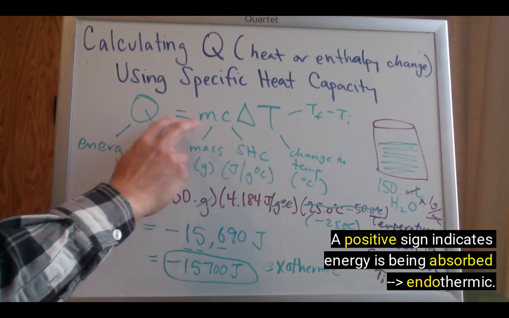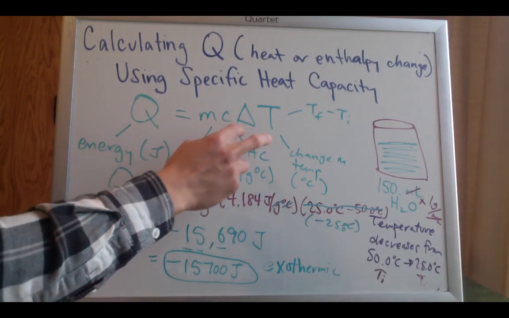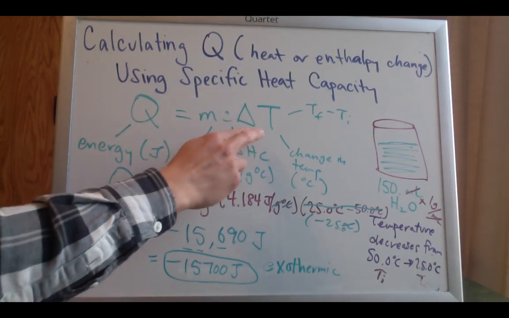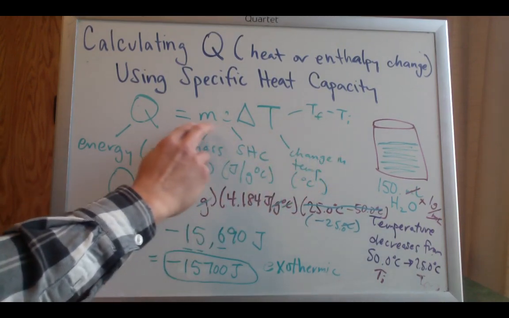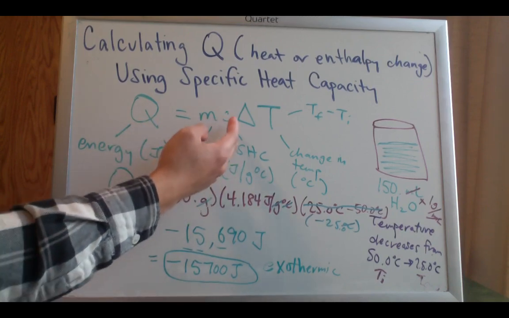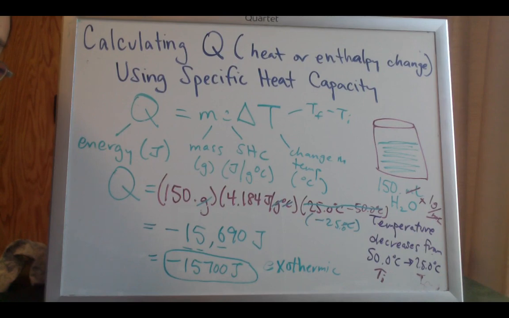Now, we can also do the opposite, where if I gave you the energy and the temperatures, you could solve for the third variable, the mass, or vice versa. If I gave you the final temperature, but not the initial temperature, but I gave you the mass and the energy and you knew the substance, you could solve for the unknown variable. So this is what we do with specific heat capacity and the calculations involving stuff like calorimetry or energy change.